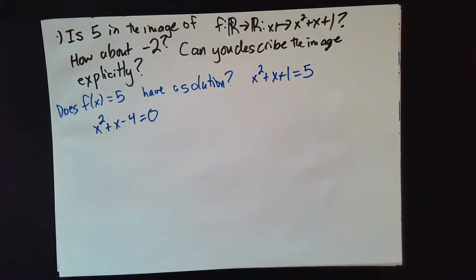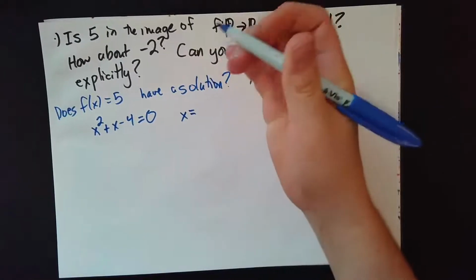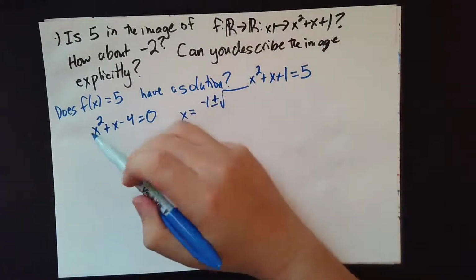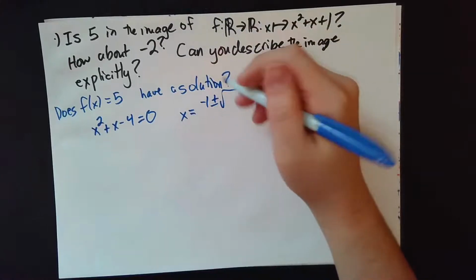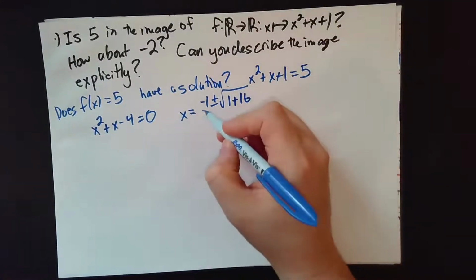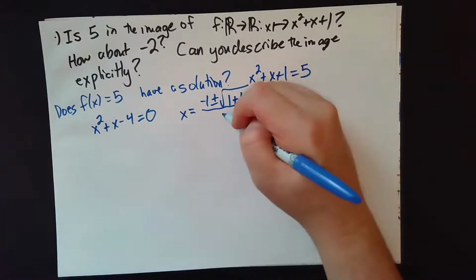Now, as it happens, this does not factor in some nice way, but we do have the quadratic formula to help us. So I could take x equals minus 1 plus or minus the square root of b squared minus 4 times 4, so that will be 1, and that'll be plus 16, and then over 2.